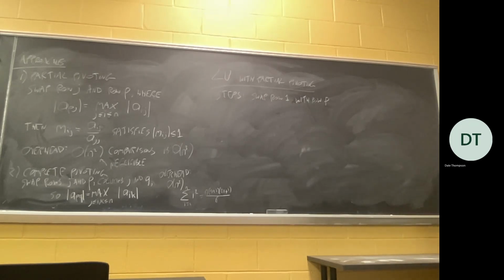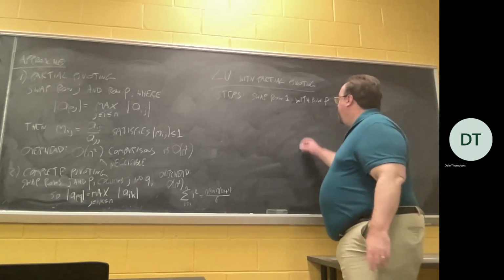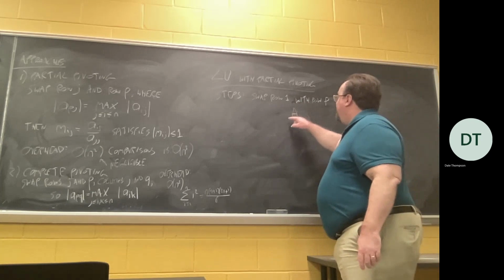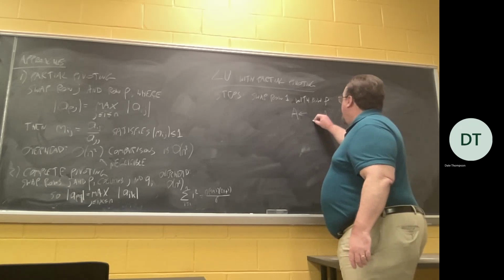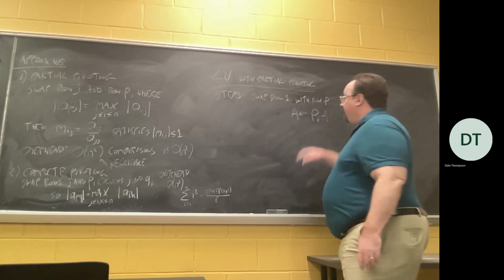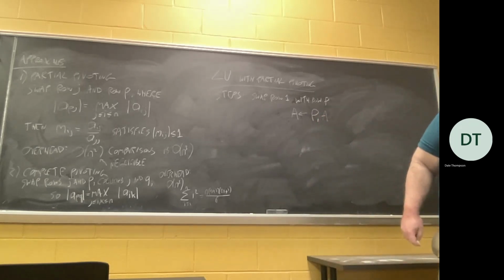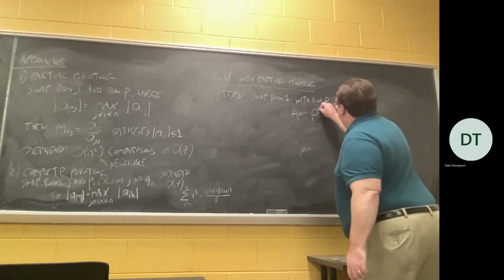Now, p might be equal to 1, in which case you don't swap anything. So what does that mean? You are multiplying A by what's called a permutation matrix. Actually, I'll use the same notation as in my notes.